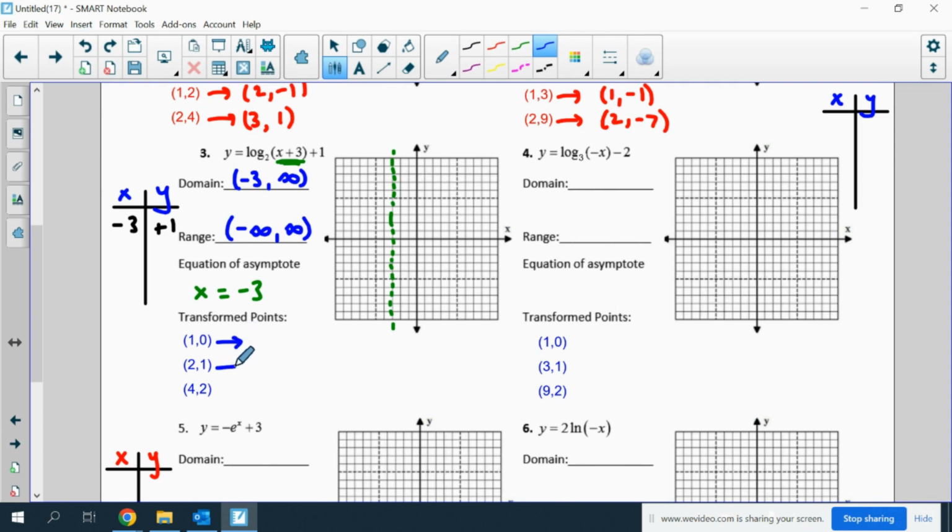Now I'm going to transform all my points. So all my x's get moved left 3. All my y's get moved up 1. So I have a point at -2, 1, -1, 2, and 1, 3.